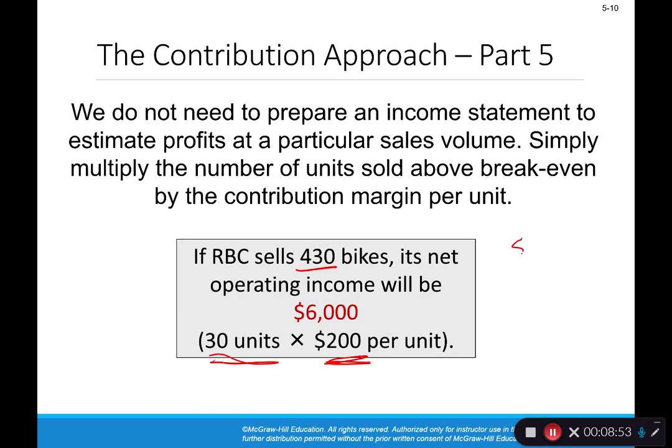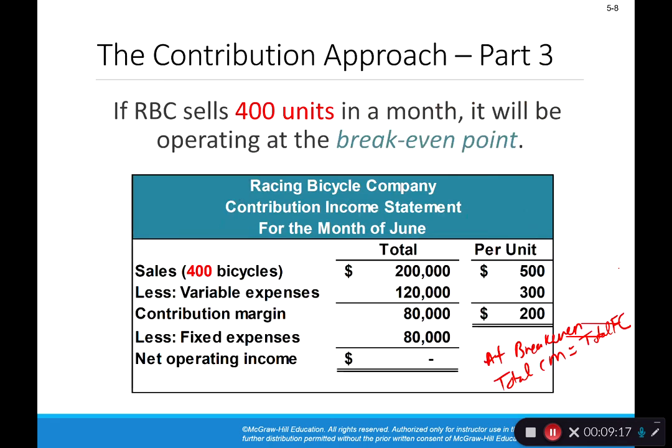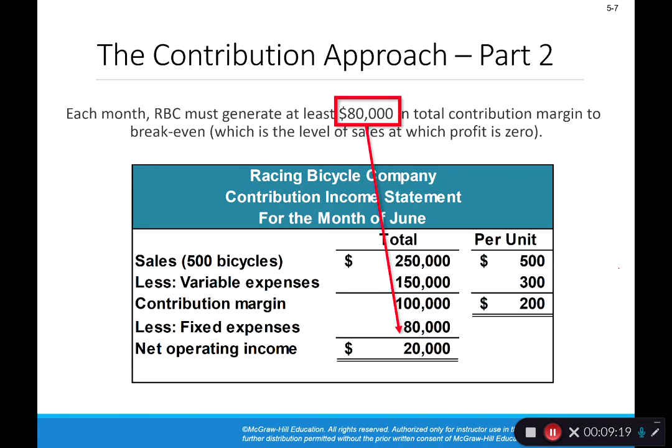If we change it to 500 bikes, which is what they were currently selling when we started off this example, then they're 100 bikes above break even, so we would do 100 times the CM per unit of 200, and that gets us our profit of $20,000. And if I scroll back, there it is right here. Racing Bicycle was making 20 grand when they were selling 500 bikes.